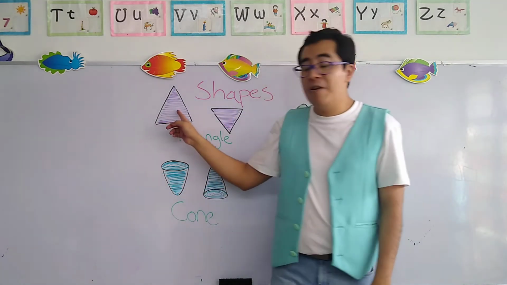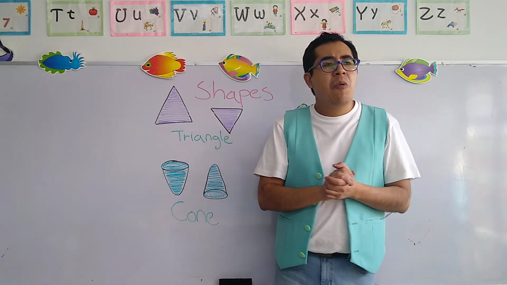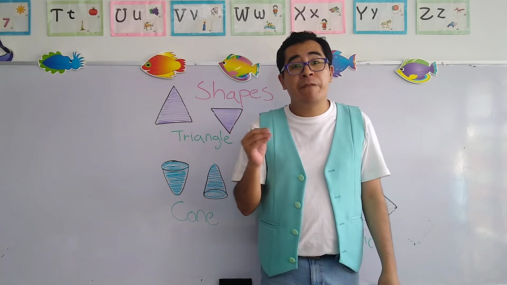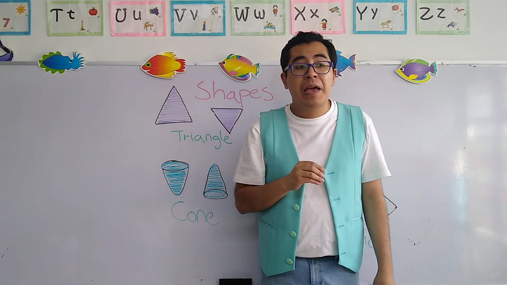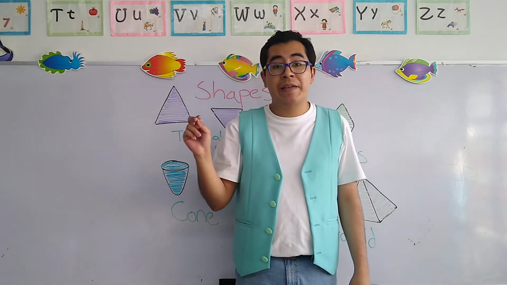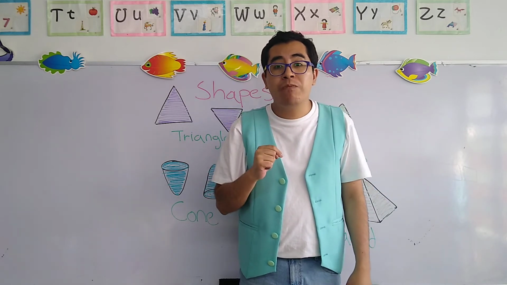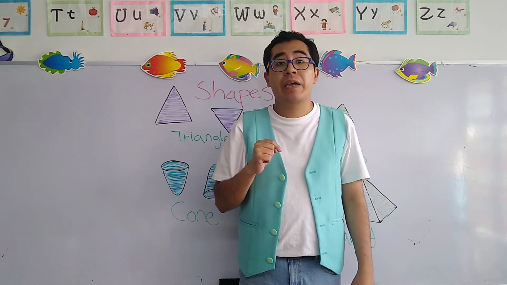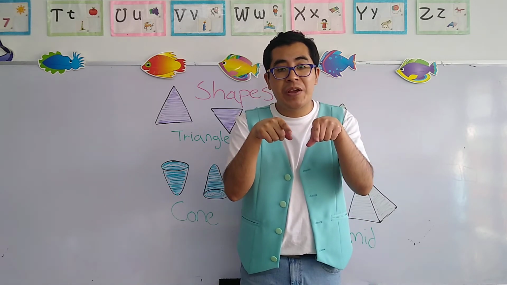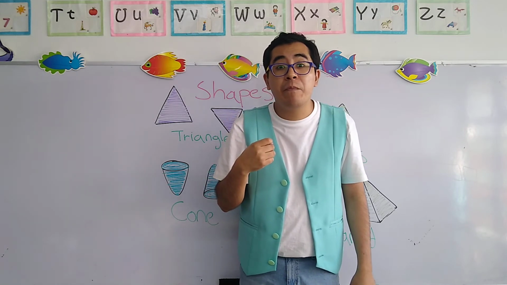Now, as you can see here, our triangles are in color purple. Now, what objects have the shape and form of a triangle? For example, a slice of pizza. In Spanish, una rebanada de pizza looks like a triangle. Another object, okay, the cone of an ice cream, but we're going to talk about that shape in a few moments.